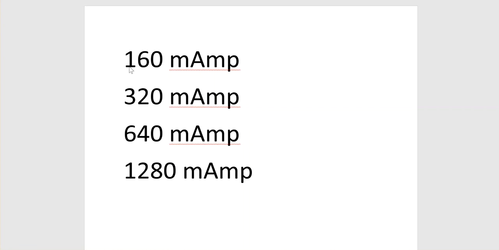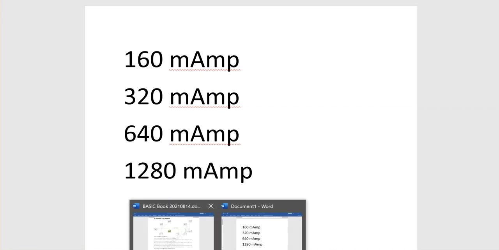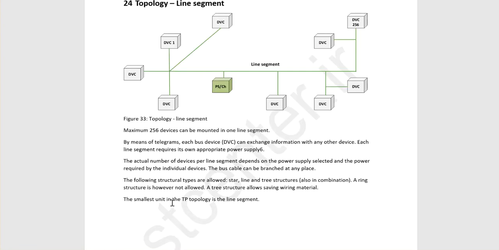If you have 10 devices, each one consuming 20 milliamp, you consider this one, okay? Always try to have 50, 100 milliamp as a reserve for the future and to have safe planning. Yeah. Okay, so let's continue.